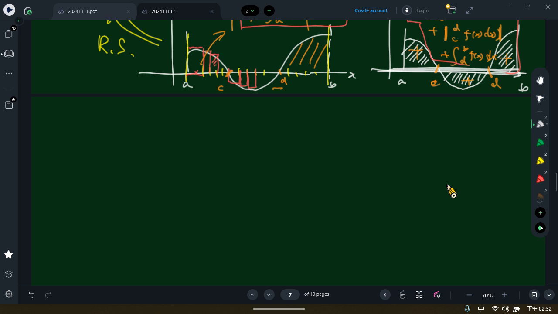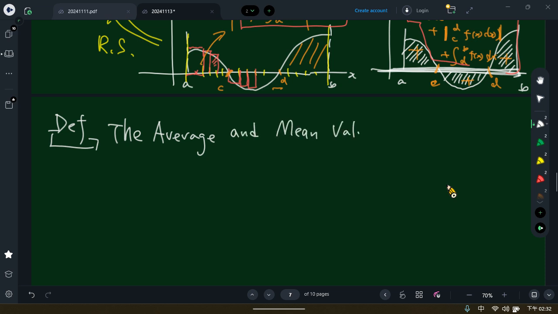Okay, then we just continue to define what is the average value and the mean value of a function.